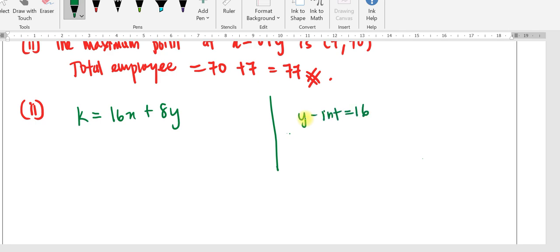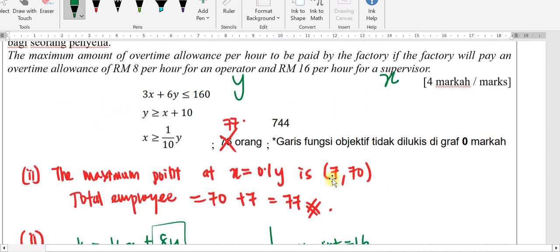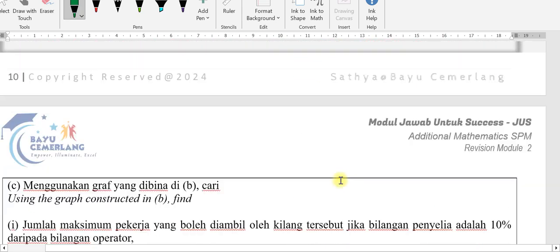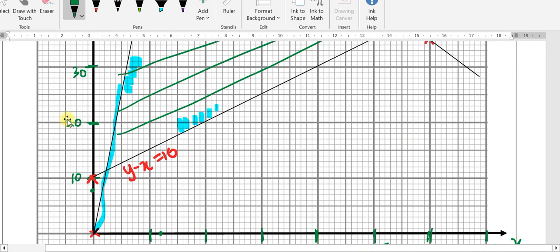Y intercept is 16. Your coefficient of y is x intercept, which is 8. Jadi kita plot this point. X intercept is 8, y intercept is 16. 16 is here. 16 and 8 kan?